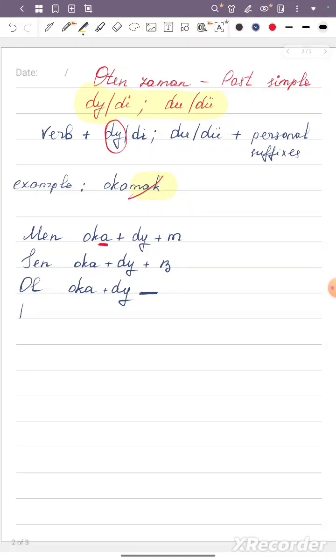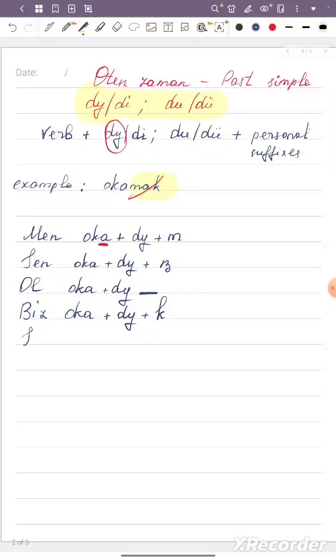Then biz, oku, di, and the personal suffix is k. Biz okuduk. We studied or we read.